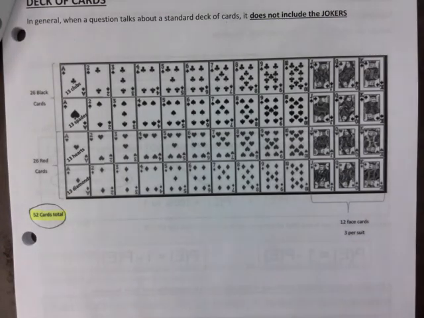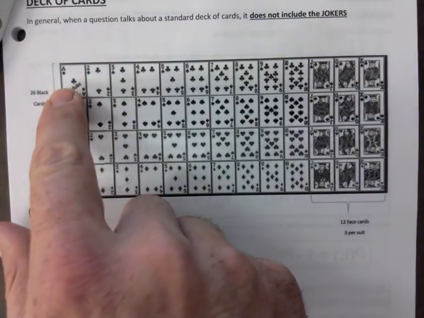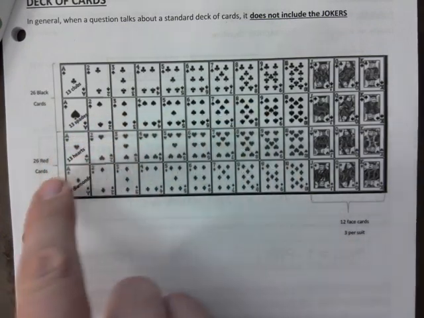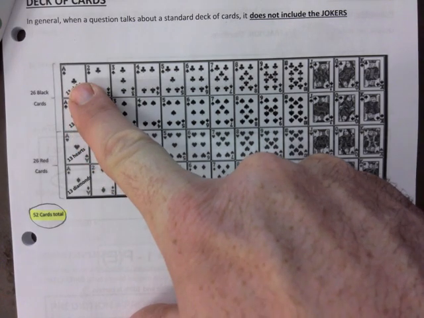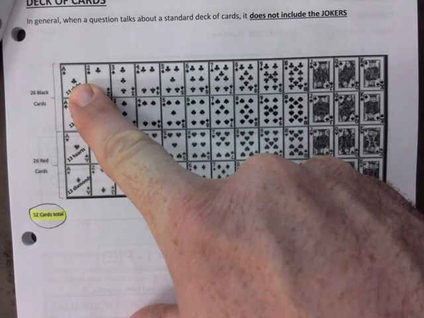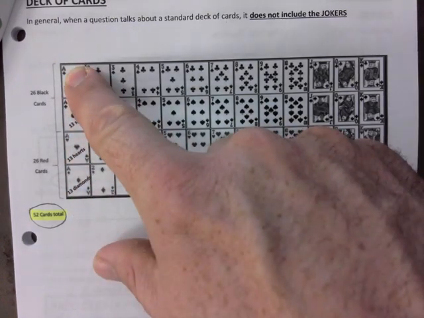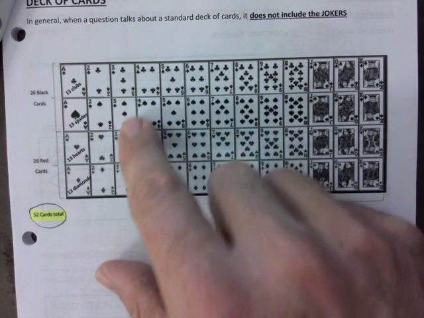Okay. Then you have 4 suits, right? You have your clubs, your spades, hearts, and diamonds. And each of them have 13, right? I will show you a quick way to put this on your study sheet. Just follow along. So 4 times 13 is 52, right?